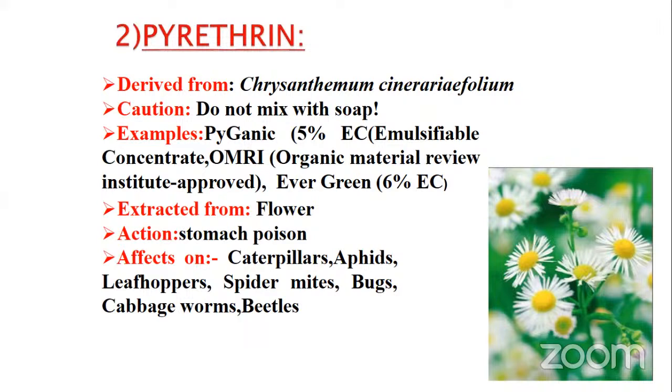We already studied what emulsifiable concentrates are in our previous slides under the introduction part. Next, Pyganic contains 5% EC, and OMRI and Evergreen, which is extracted from the flower of chrysanthemum. You can see the flowers in the picture.